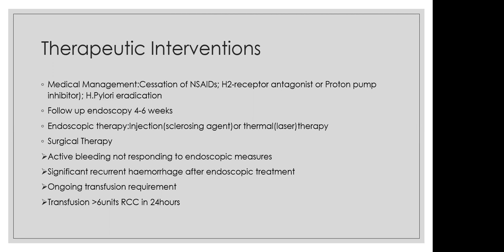Depending on the surgeon's expertise, they can choose to do sclerosing agent or laser therapy. But sclerosing therapy is the one that is most often used in most centers. Surgical therapy is indicated in patients who have active bleeding and also significant recurrent hemorrhage or have ongoing transfusion requirements.